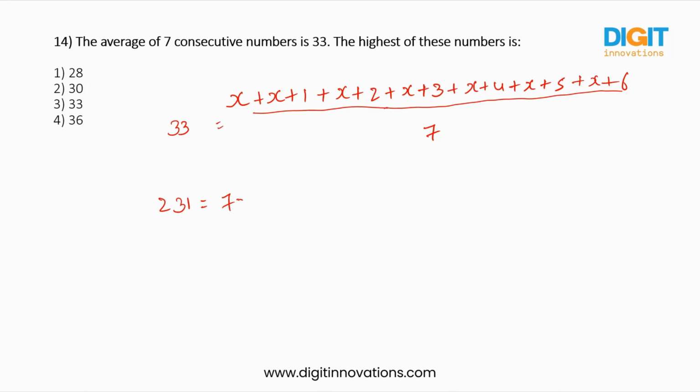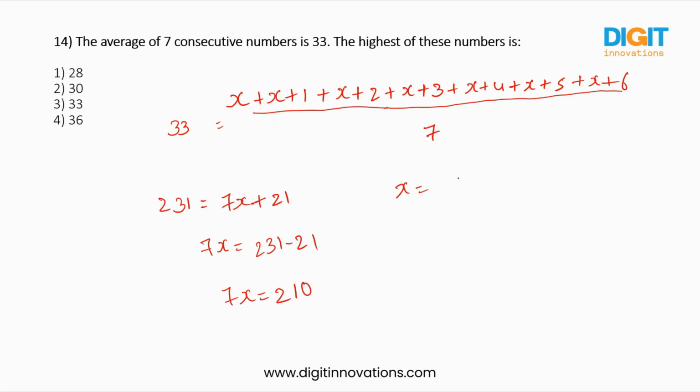So total 7x are there. Then the constants: 1 plus 2, 3, 3 plus 3, 6, 6 plus 4, it is 10, 10 plus 5, it is 15, 15 plus 6, it would be 21. So 7x equal to 231 minus 21. So 7x equal to 210.